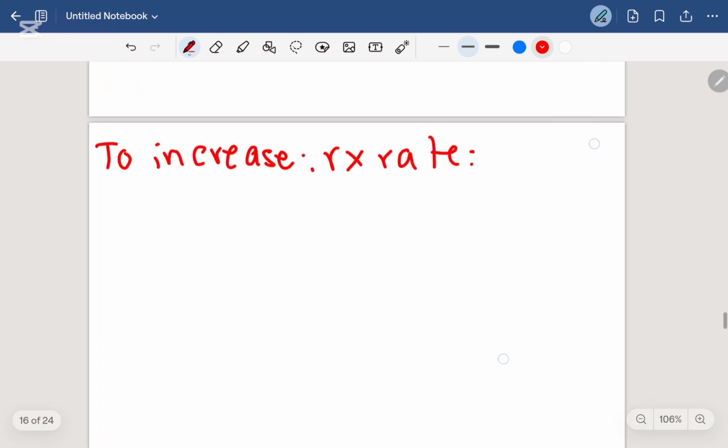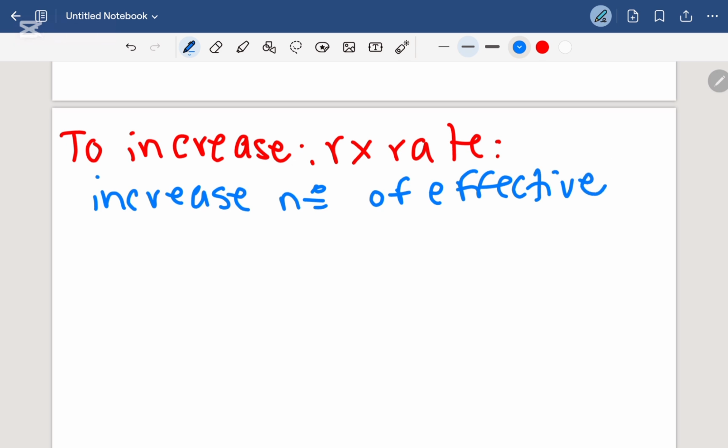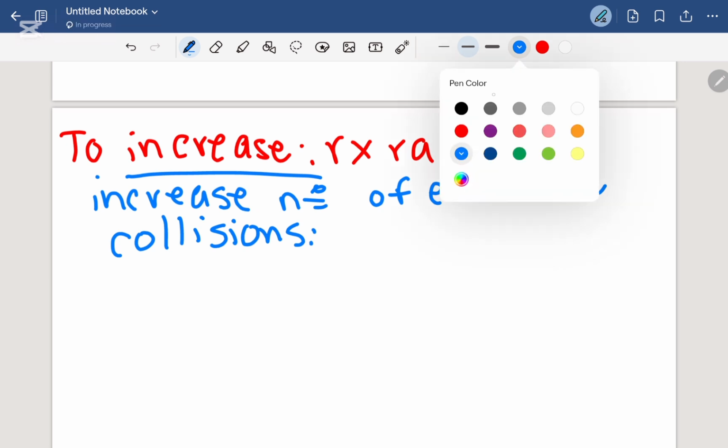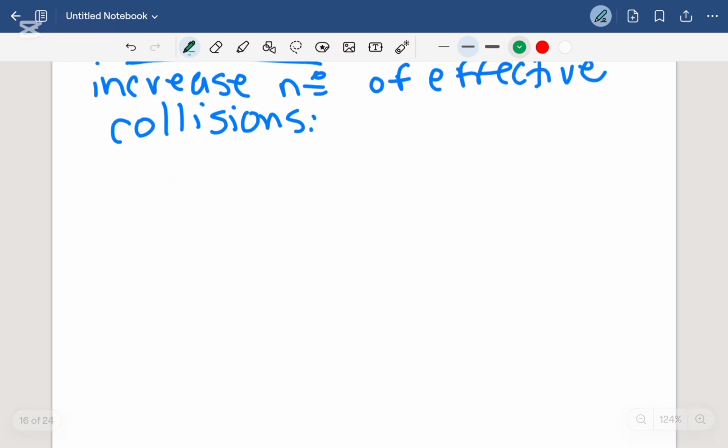So if we increase the number of effective collisions, then we would have increased the reaction rate. But this is the thing, how do we increase the number of effective collisions? We have multiple ways, and we will go to each and every single one of them in detail and to which type it affects. Okay? So the first thing we have is surface area.